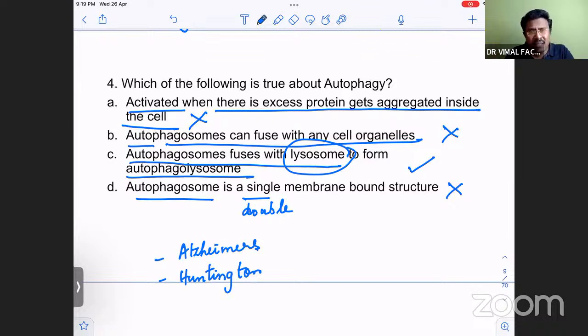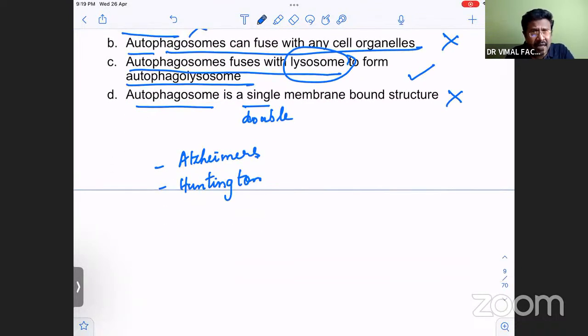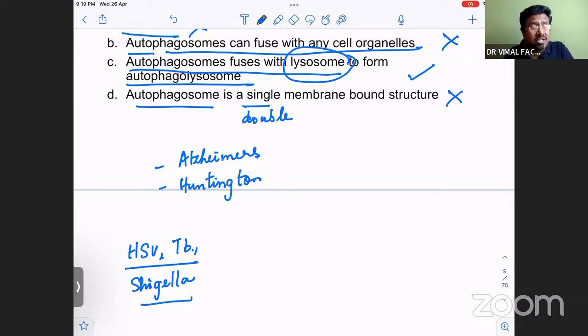And please remember, there are some infectious agents like herpes simplex virus, and also tuberculosis and Shigella. Autophagy plays a major role in the elimination of these agents from our body. So if autophagy is not there, then there is more susceptibility to these infections.